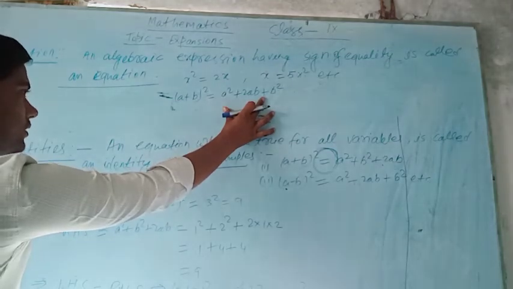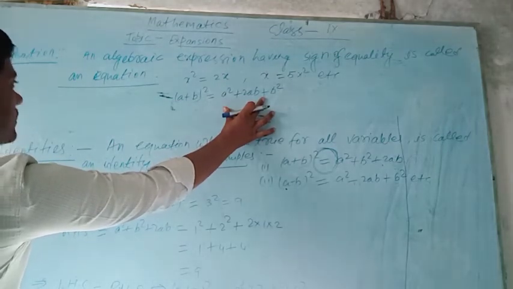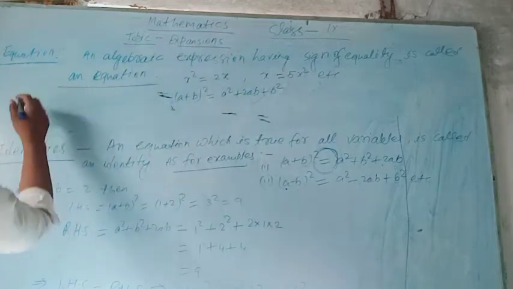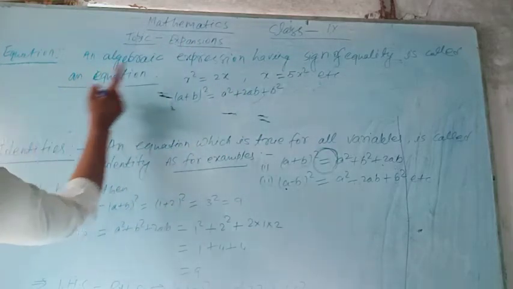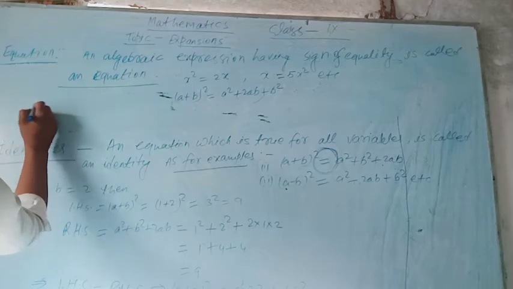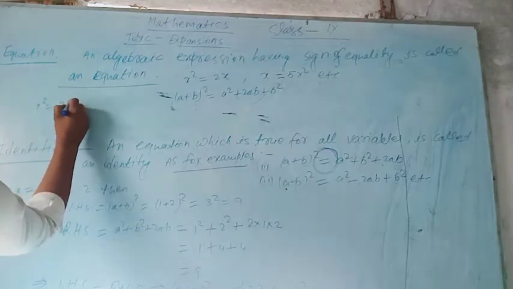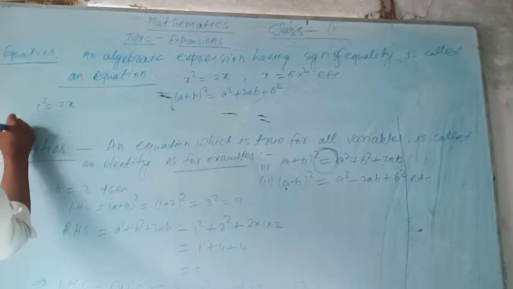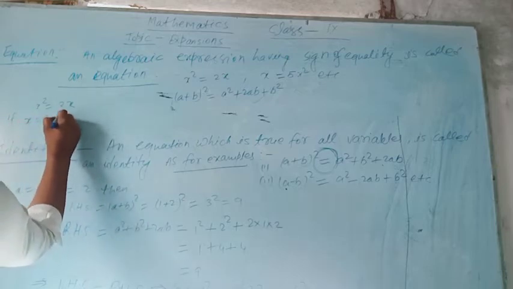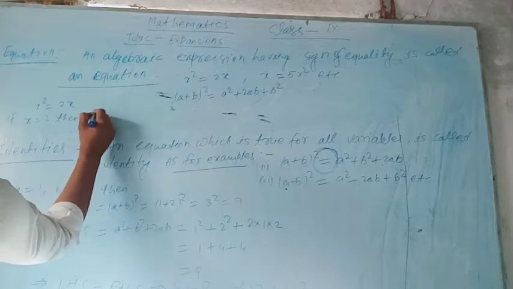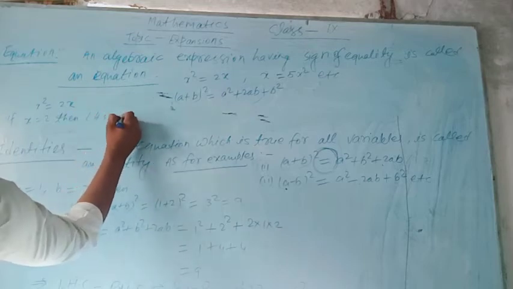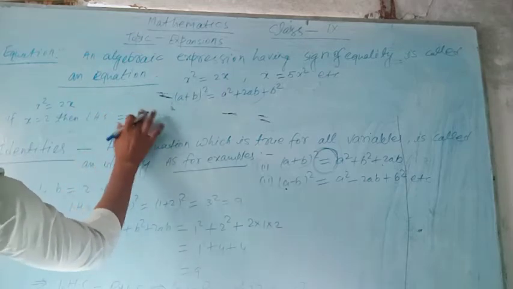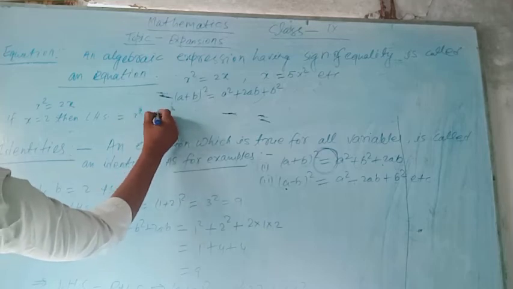In this equation, x square is equal to 2x. If x is equal to 2, then LHS is equal to x square, that is 2 square, equal to 4, and RHS is equal to 2x, that is 2 into 2, equal to 4.